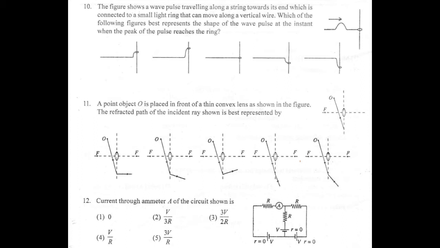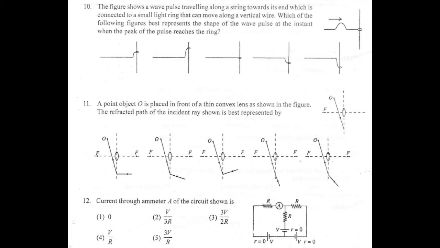we take some known rays which have definite paths of refraction. First, you can draw a ray which is passing through the center of the lens. So that ray goes without any refraction.